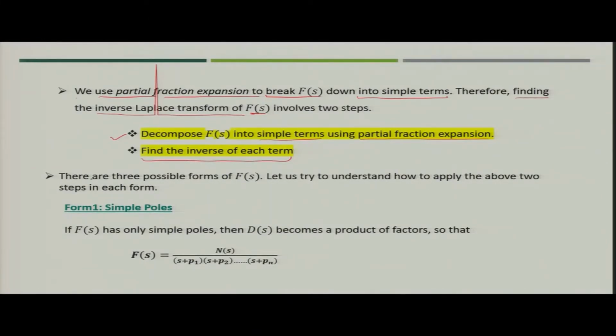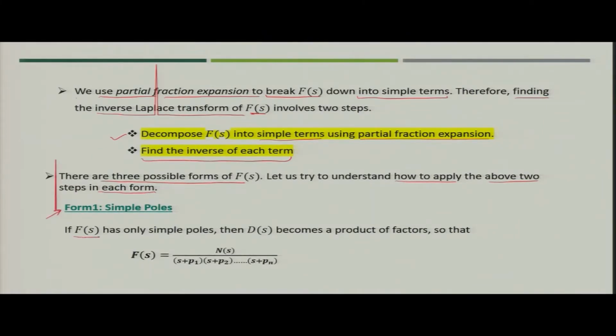Now, there are three possible forms of the Laplace transform. Let us try to understand how we can apply the above two steps. So, the first form is when you have simple poles.